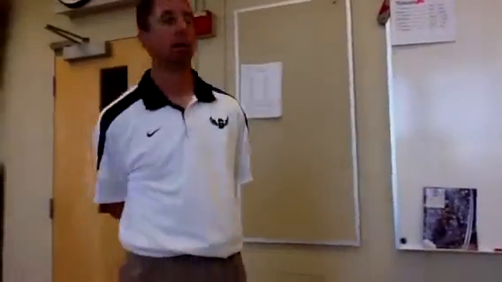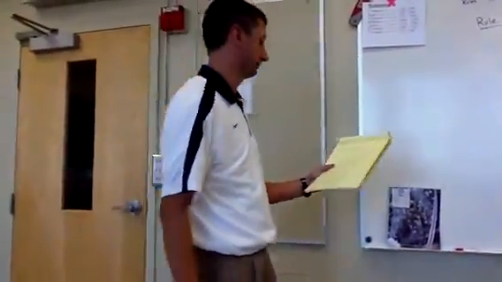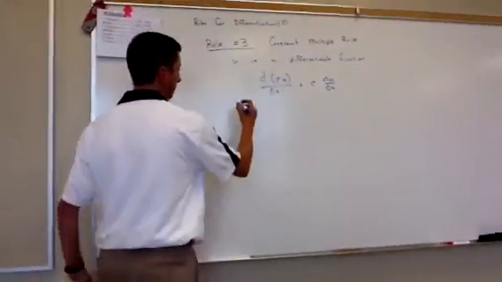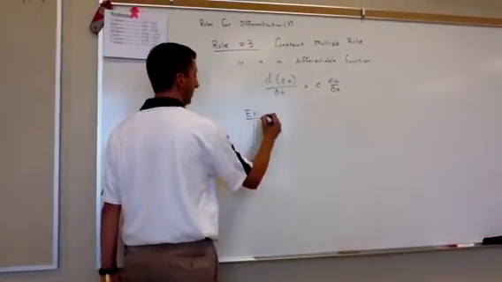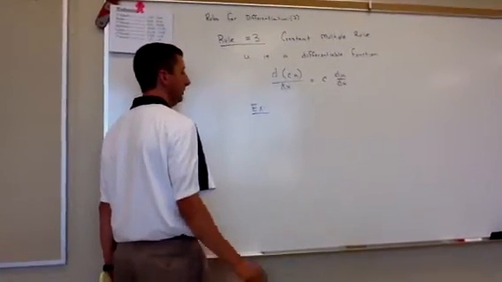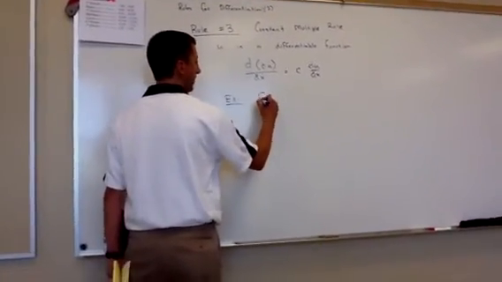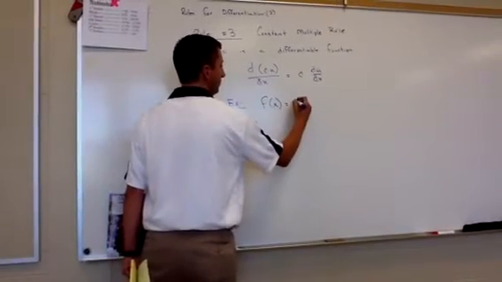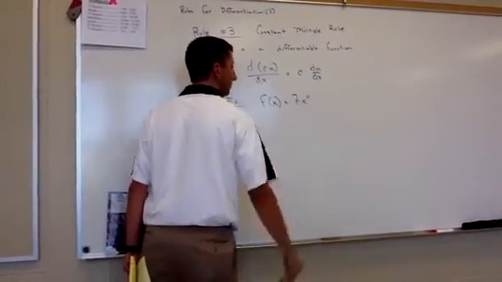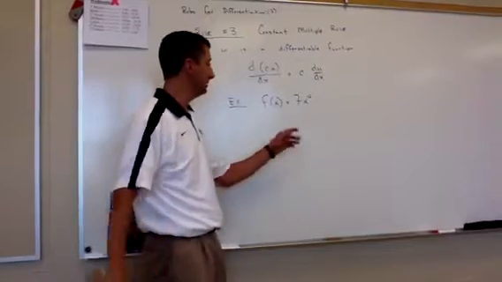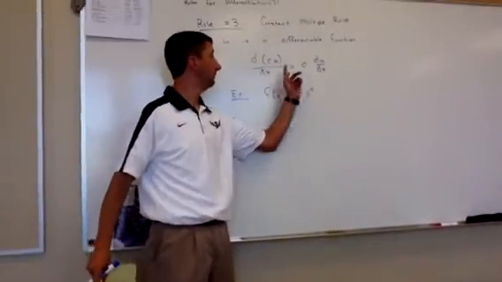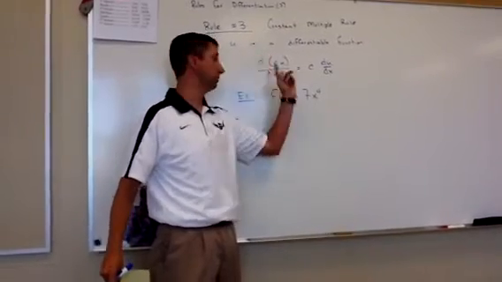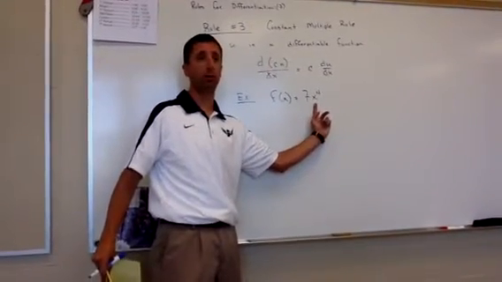Okay? So for example, again, these are simple monomial examples. We'll get into something a little bit more complicated. But if I said f of x is equal to 7 times x to the 4th. In this case, my constant is 7, right? My differentiable function u is x to the 4th.